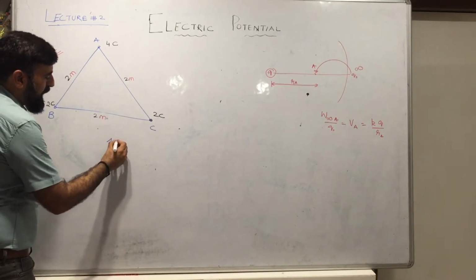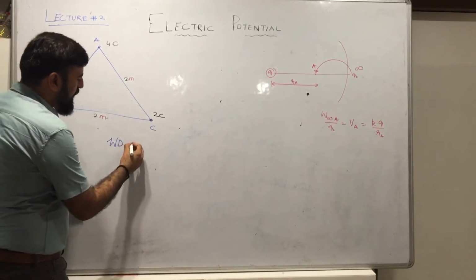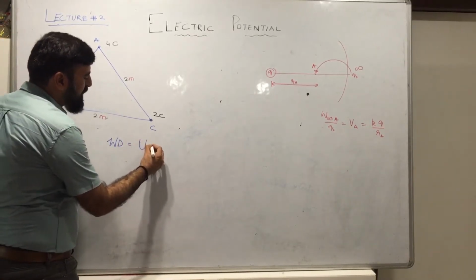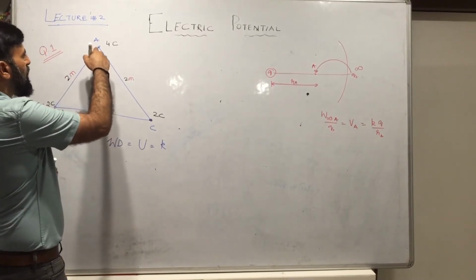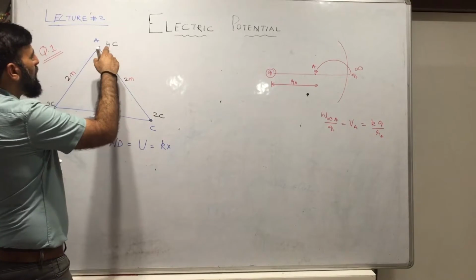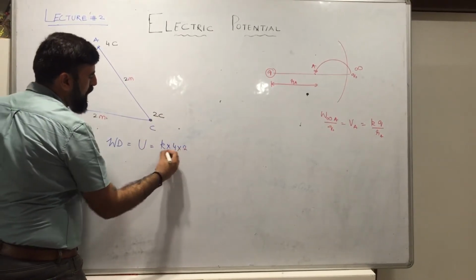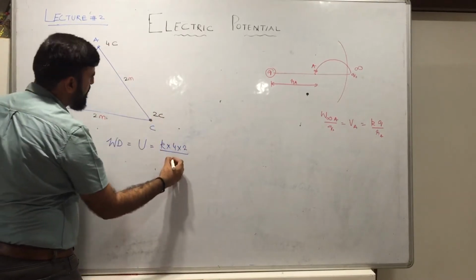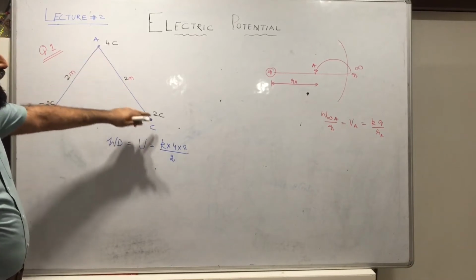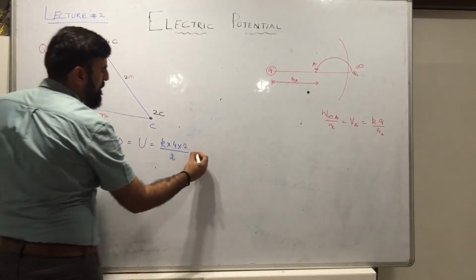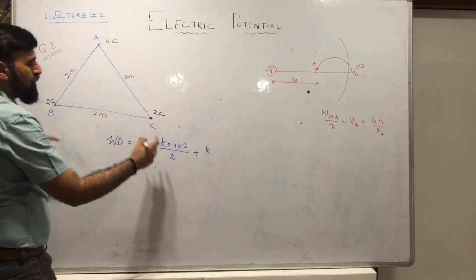I'll write work done by an external force, which is equal to the potential energy of the system, is equal to K, Q1 into Q2. What is Q1 here? Q1 is 4 coulomb, so 4 into 2 upon the distance, that is 2. That is the potential energy between a charge kept at A and a charge kept at C, plus K, the potential energy between 2 coulomb and minus 2 coulomb.